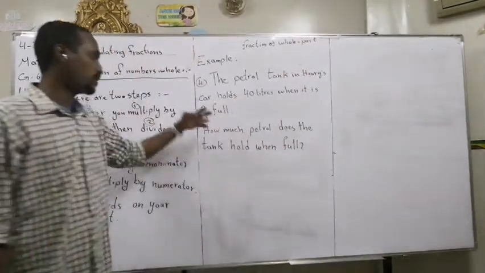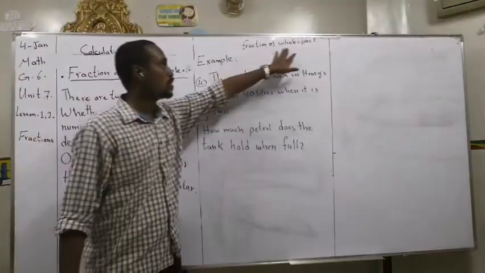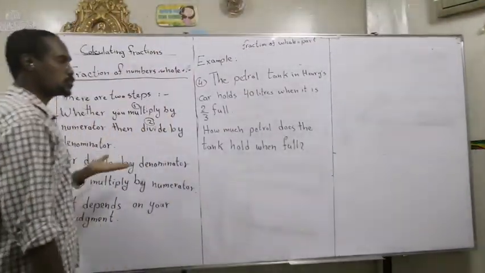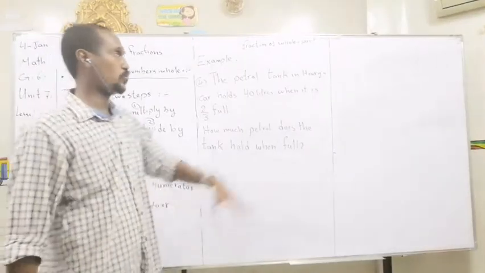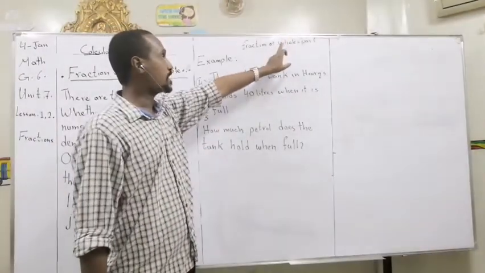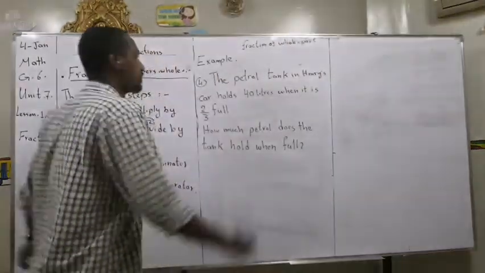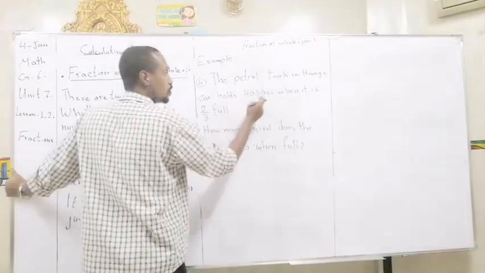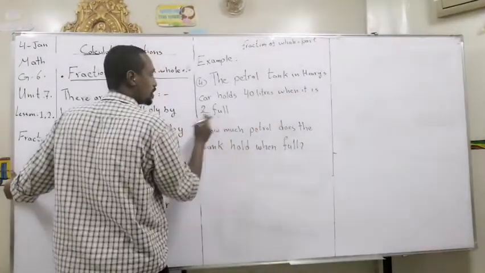Since you find fraction, that means you should remember this formula. So, which one is the missing? And which one do they want? Have they given us whole or part? Let's see. The petrol tank in this car holds 40 liters when it's 2 over 3 full.